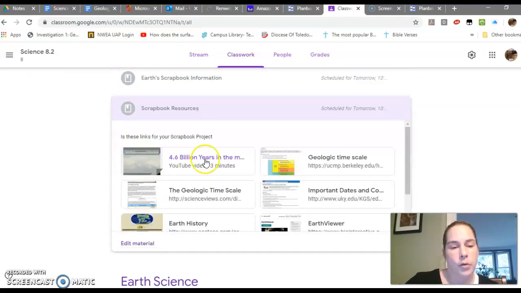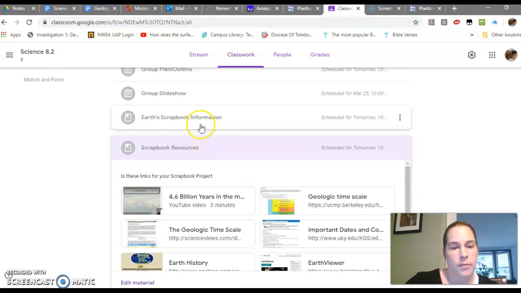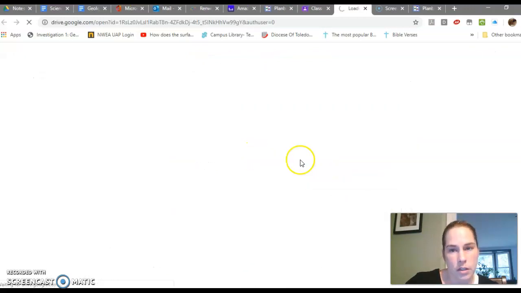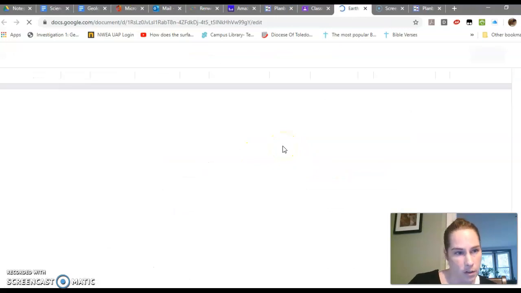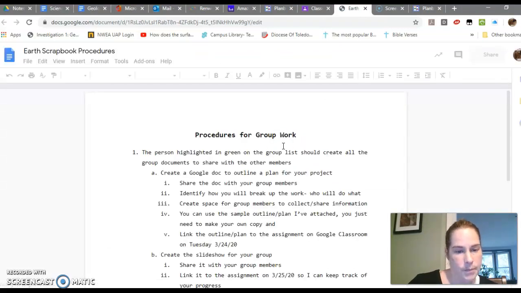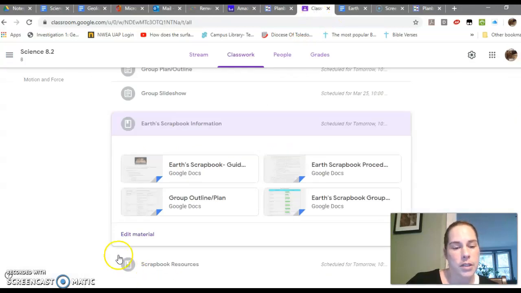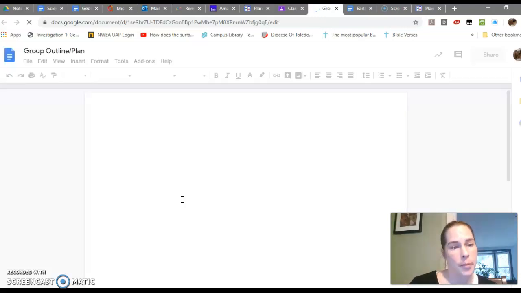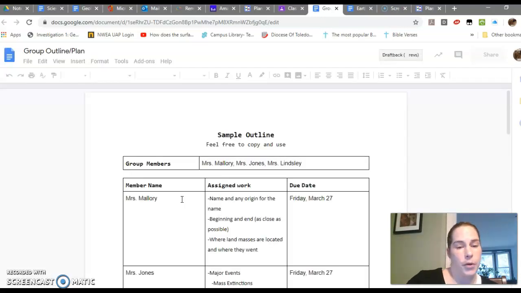Now in the Scrapbook Resources, Scrapbook Information, I've given you a procedure sheet which outlines pretty much everything that I've just spoken about. And I've given you a group outline plan sample, so you know what it could look like. You are more than welcome to make a copy of this, delete all of the information that I put into it, and put in your own work.